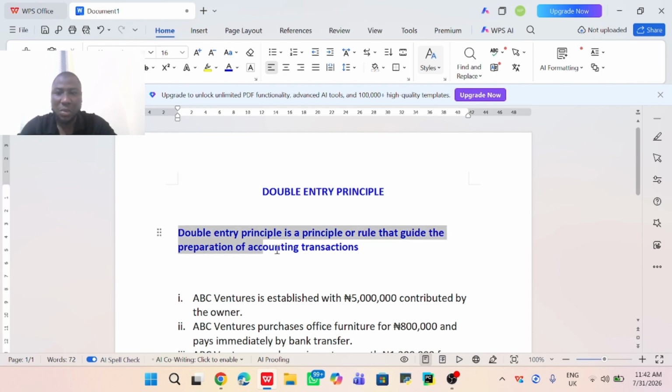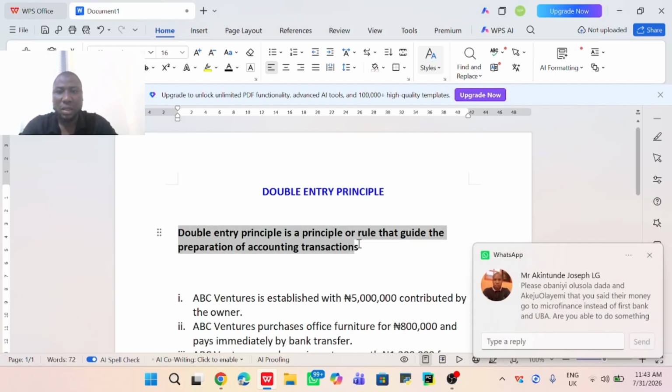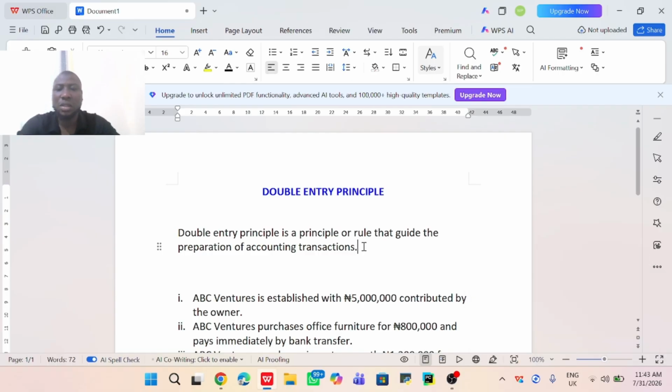Yeah, let me change this to our normal default. So that is the purpose of the double entry principle. It is a principle that guides the preparation of accounting.